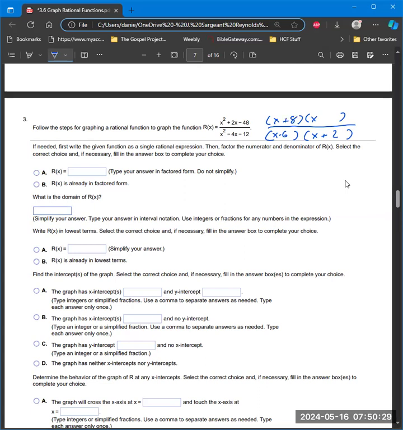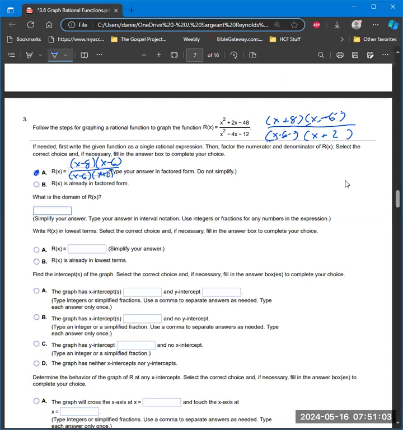So plus 8 minus 6 gives me +2. And we're going to have this factor here cancel in a minute, but not yet. So this is going to be x minus 8, x minus 6 over x minus 6, x plus 2.